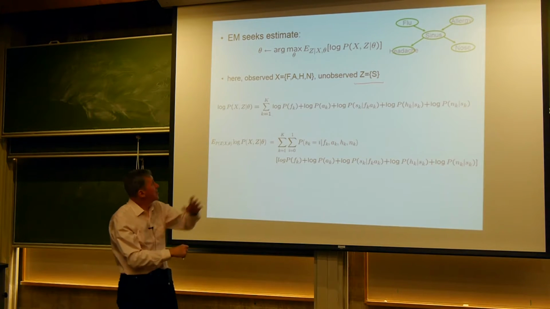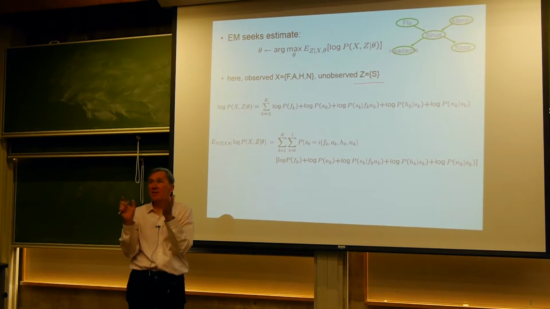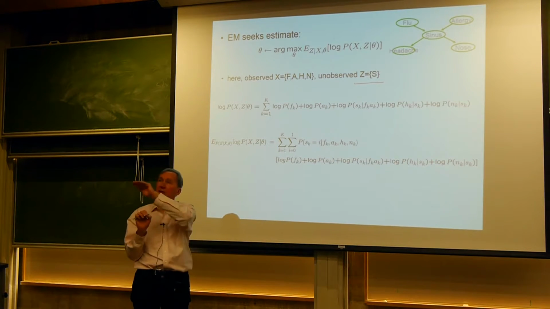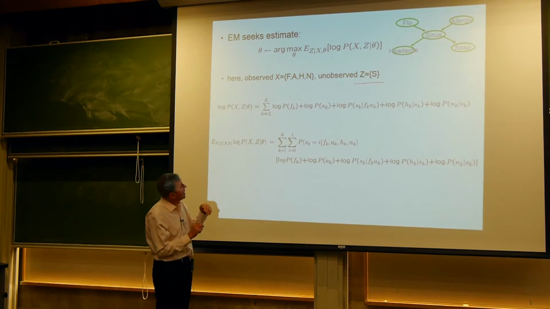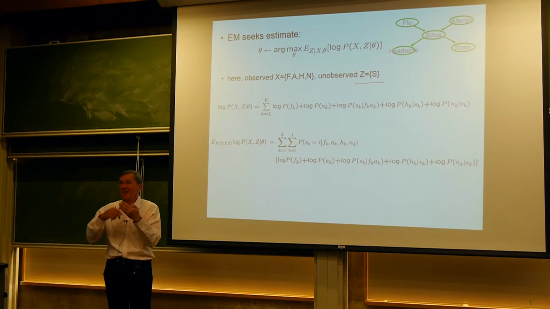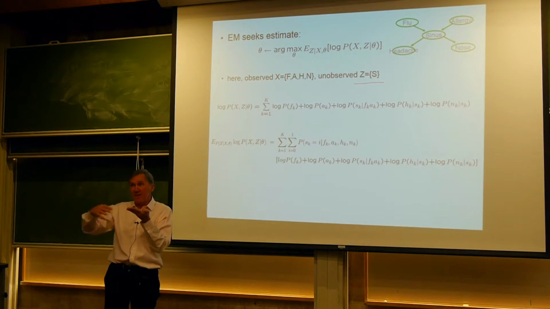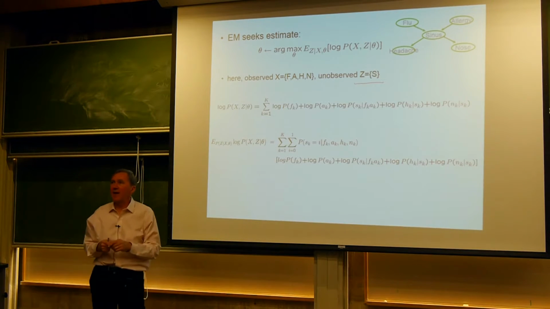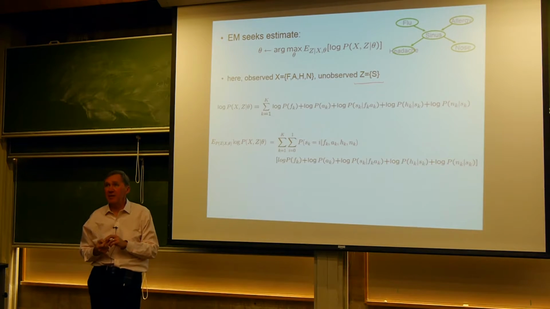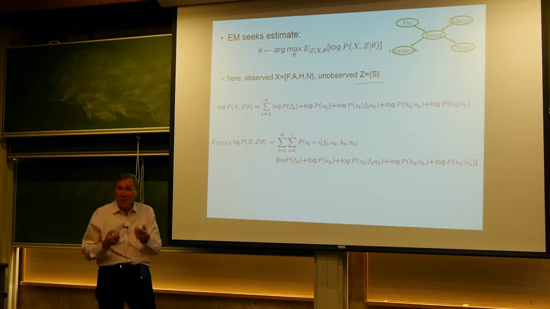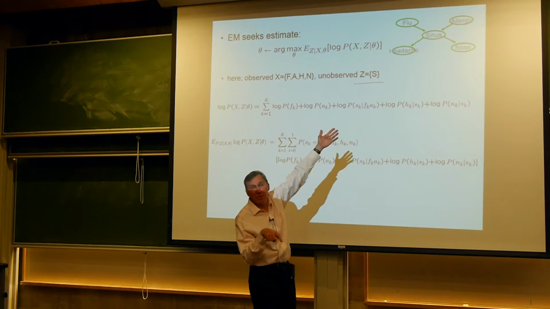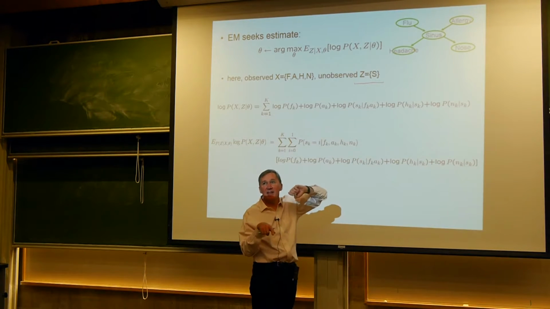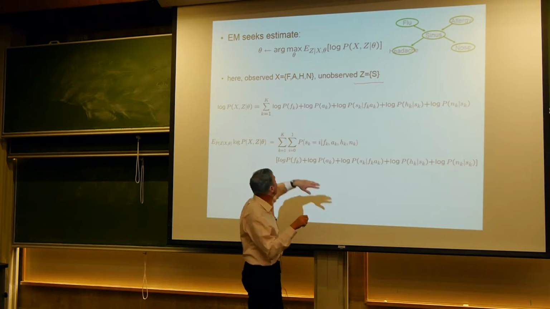For each one, we observe those 4 variables, but we don't observe whether they have a sinus problem. And so for each of those 100 training examples separately, we want to estimate the probability that S has the value 1 or the value 0. We want both probabilities, given the observed 4 values for that particular training example patient. So that reduces to an inference problem. We have a Bayes net, and suppose I give you the values of some variables and you have to infer the others. Well, we know how to do that.